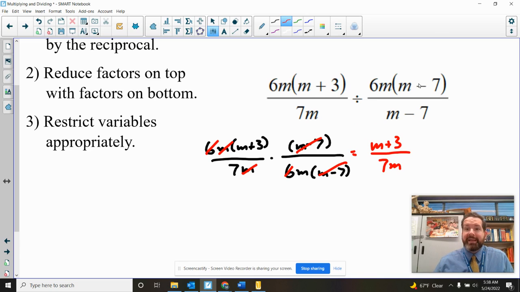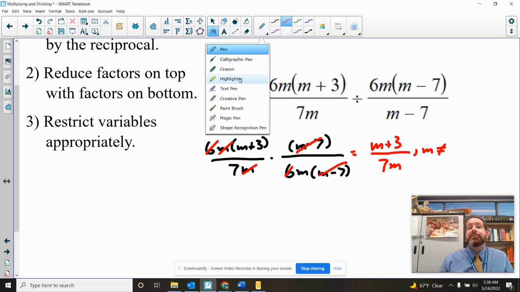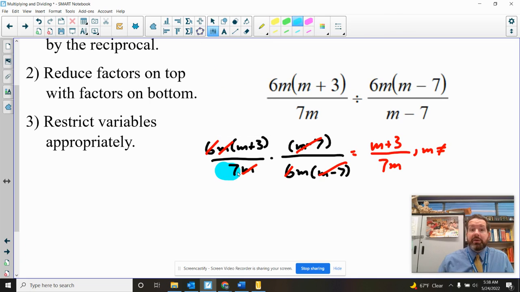This divided by that is this, with a few notable exceptions. We've got to make sure that the m value isn't equal to... Now, here's the thing. The division restrictions mean you have to check 3 places. I've got to check here and here, because those are very clearly parts of denominators. They're in the bottom of a fraction right now.